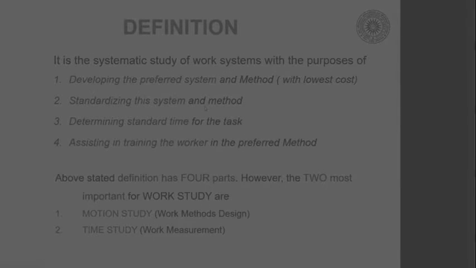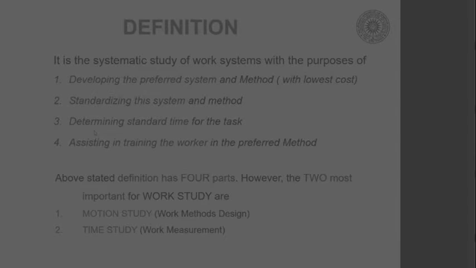Suppose we have to do the turning of a workpiece. The steps are defined: firstly it has to be cleaned, and then it has to be mounted, and the tool has to be mounted. So like that, we standardize the system of doing the work and the method which will be the most appropriate method at the lowest cost.